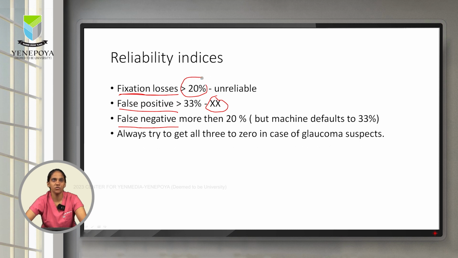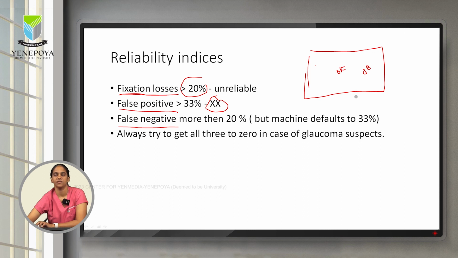How do they check fixation losses? Before the perimetry and during the perimetry. Say this is your perimetry screen, this is where your fixation point is, and this is where your blind spot is. All of this is hypothetical.